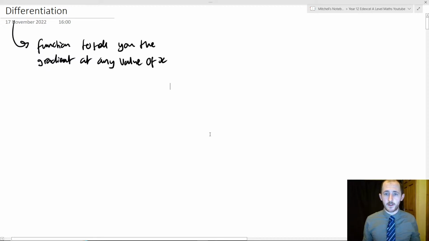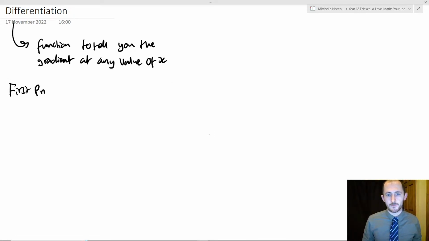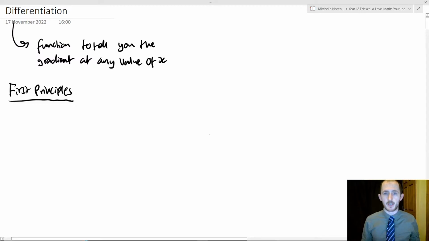So we need to discuss how we're going to do this. Well, the first thing we're going to do is work it out from first principles. So this is essentially, how do we do this mathematically from scratch? Now I would like to preface this. Differentiation comes back in A2 maths and it's a lot more complicated. There are a lot more functions that we differentiate, so sine, cos and tan, exponentials, logarithms, etc. And we don't have to do it from first principles.